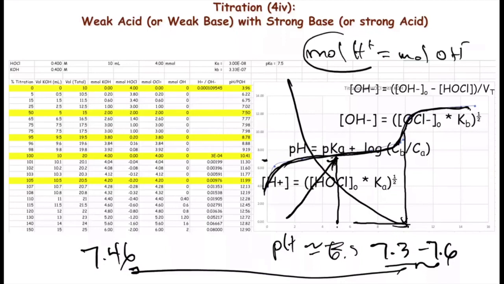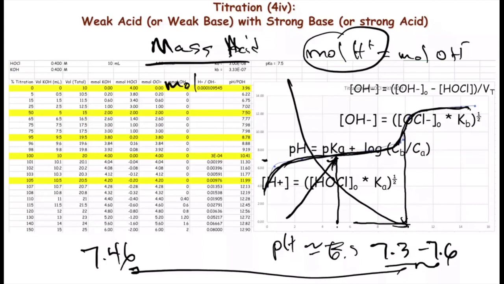Well, if you know the moles of your acid at the equivalence point and you have the mass of your acid, and you divide by the moles of that acid, guess what that gives you? It gives you the molecular weight of your unknown acid. So we definitely use the equivalent volume for your experiment next week, because that's how we get the molecular weight of your unknown. But halfway to the equivalent volume, that's where the pH equals the pKa.